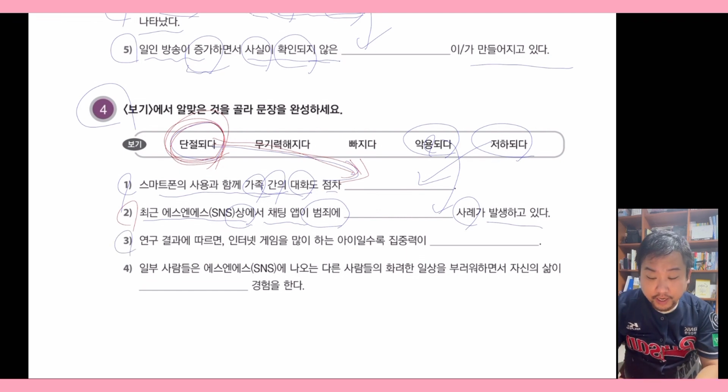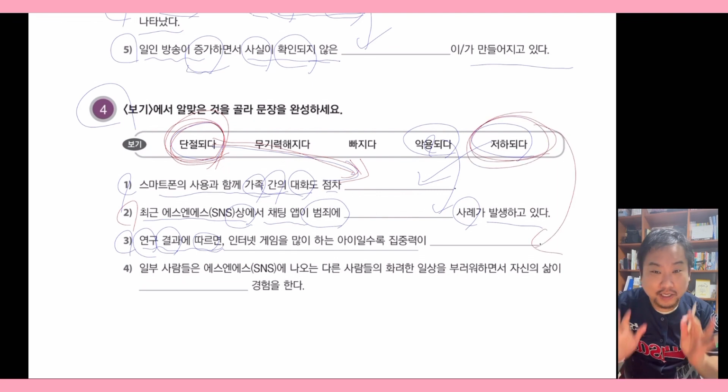Occur. Number 3, 연구 결과에 따르면 according to research result, 인터넷 게임을 많이 하는 아이일수록 집중력이 저하되다. Yeah, 저하되다 here is more appropriate. Sorry.